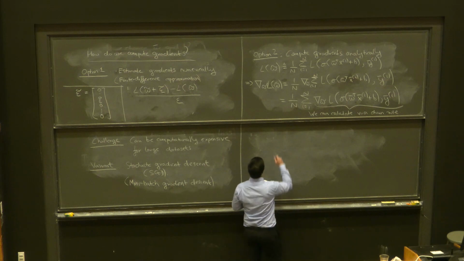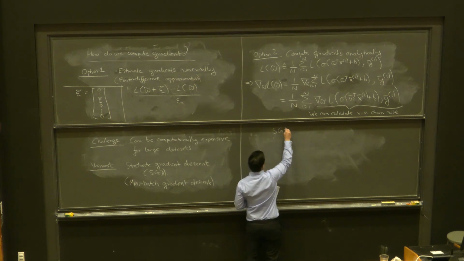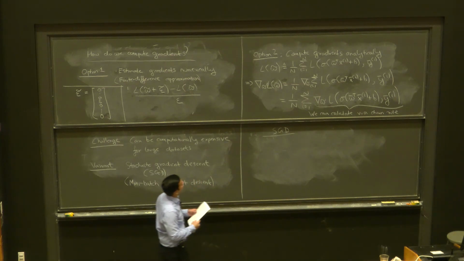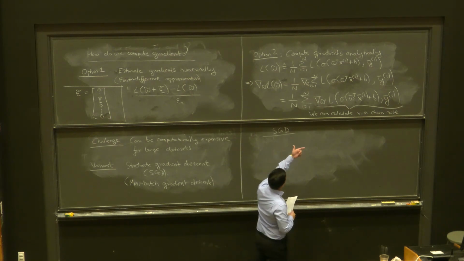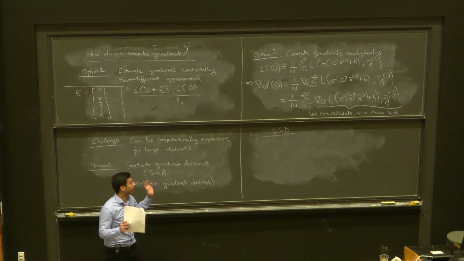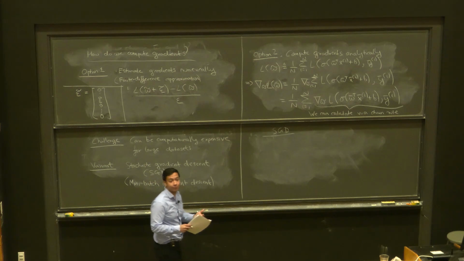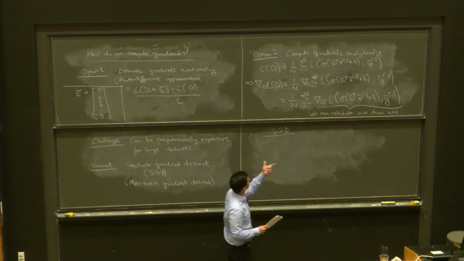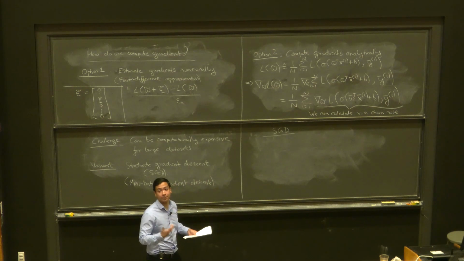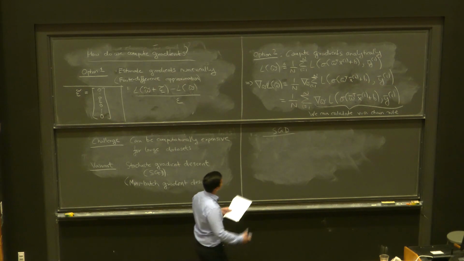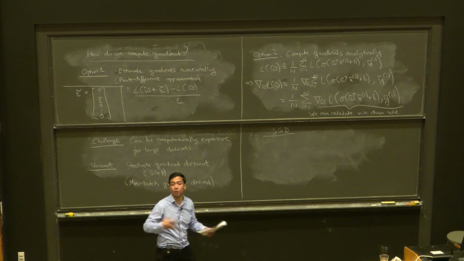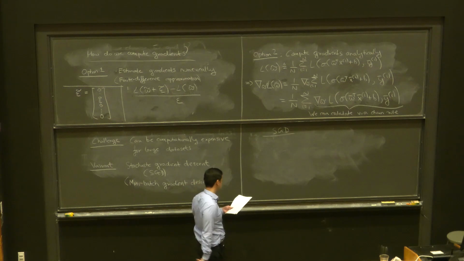So with SGD, instead of evaluating the gradient for all of the examples in your training data set, we're just going to randomly sample some fraction of the examples and evaluate the gradients for that randomly sampled subset, and then keep randomly selecting some proportion of the data at every iteration.